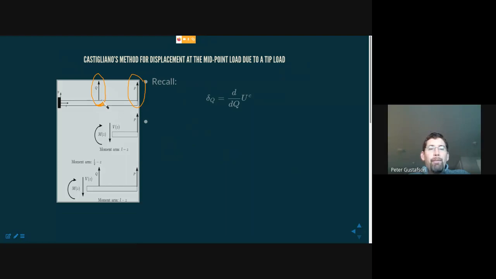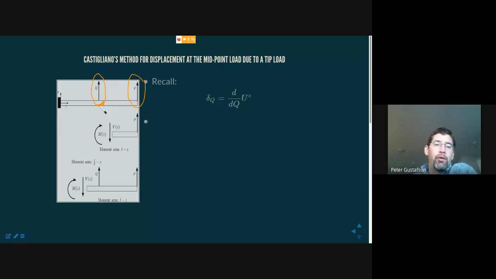It's not hard. Now we know that the point force P is actually an applied load, but we can imagine another load to be present. In this case, I'll call it an imaginary load, although this is not imaginary numbers. This is imagined as in we are pretending it's there. So here we have a point load Q applied at the place of interest. I want to know the midpoint deflection of the beam.